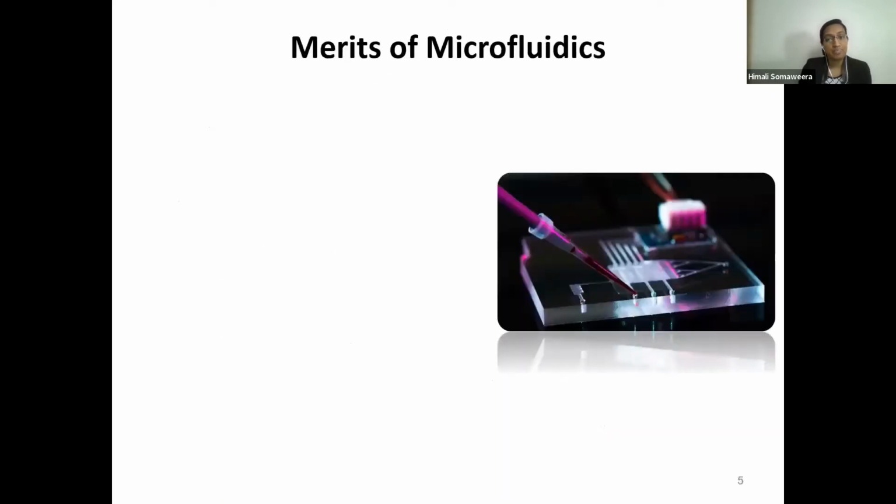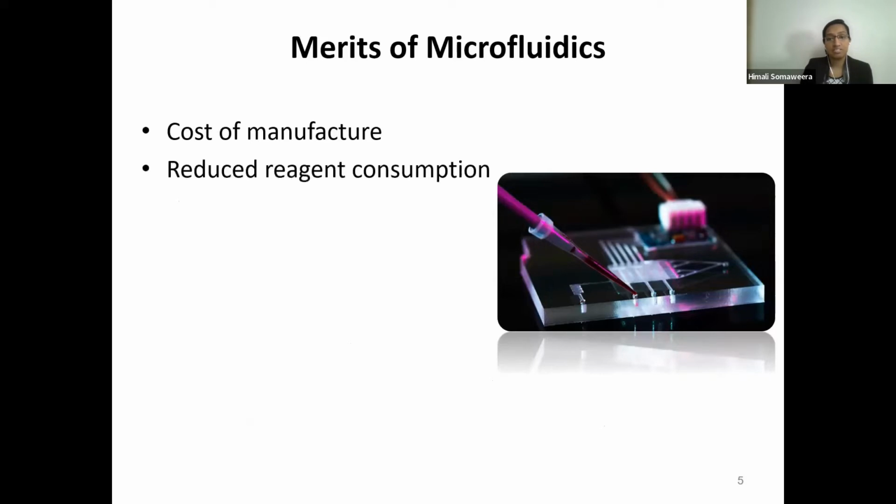The merits of microfluidics are that the cost of manufacture is much less compared to the conventional methods. It reduces reagent consumption because we need very small amounts, at the microliter level, and analysis is faster because several tests can be done within 1 hour or less.